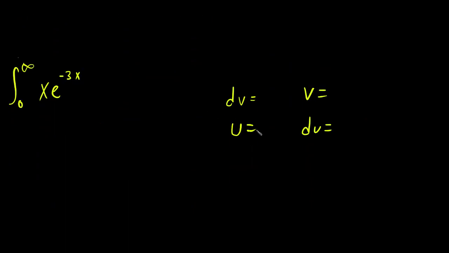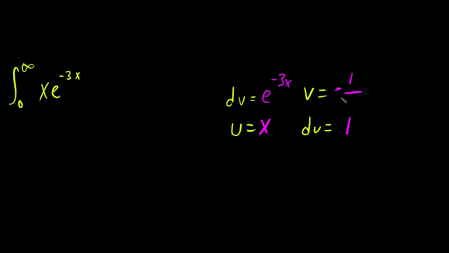So x is going to be my u, and 1 is going to be my du, and then this basically is my dv. So for the integral of this, we have to make it so that negative 3 times something equals 1, so we know it has to be negative on the outside, and it's got to be a fraction.